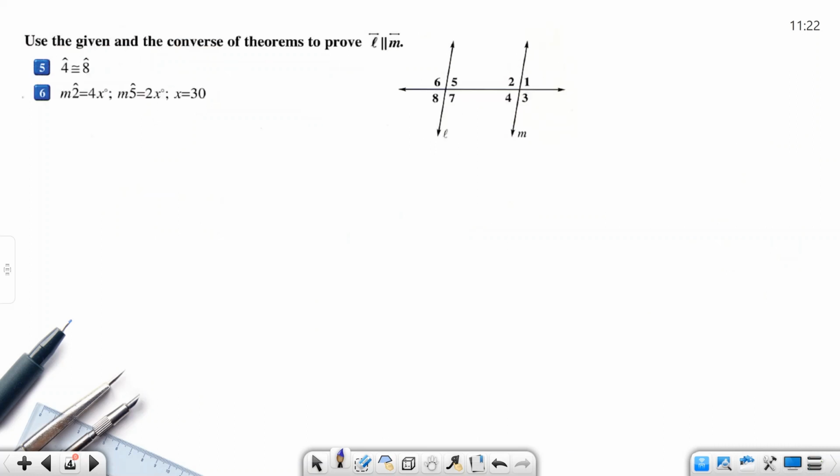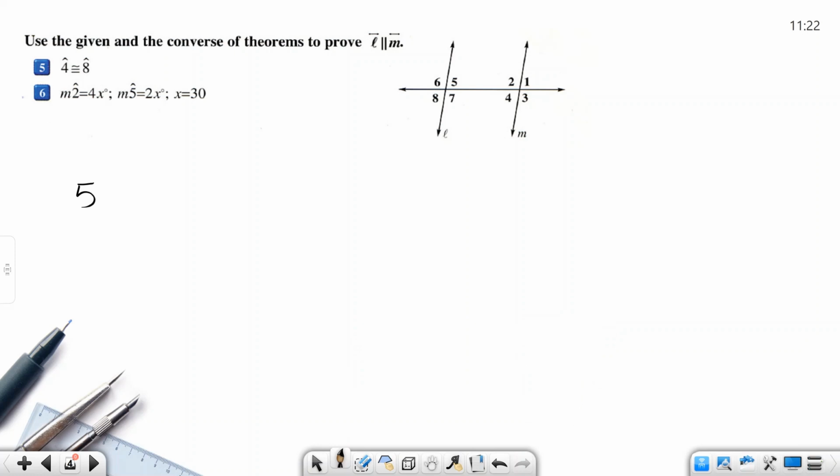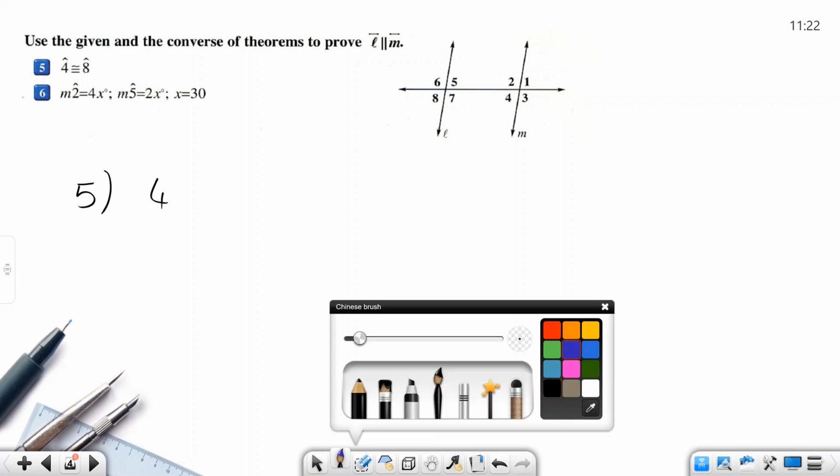Let's continue. We don't have lots of time to lose here. Use the given and the converse of theorems to prove L is parallel to M. To prove it, I need to say there are some rules. For example, if the corresponding angles are congruent, we can say the lines are parallel. In number 5, it says angle 4. Where is angle 4?